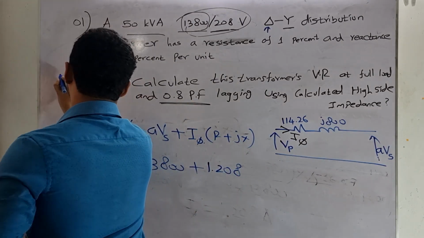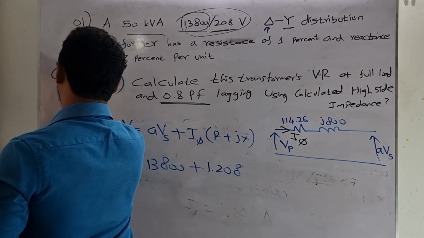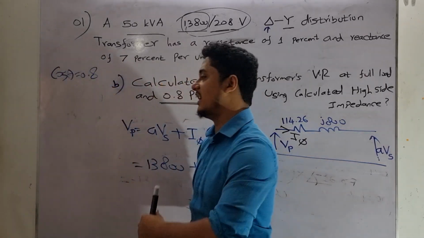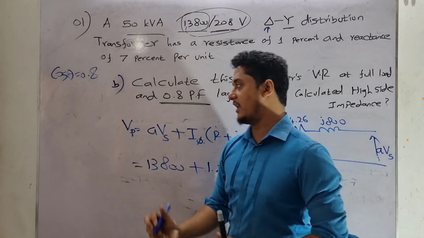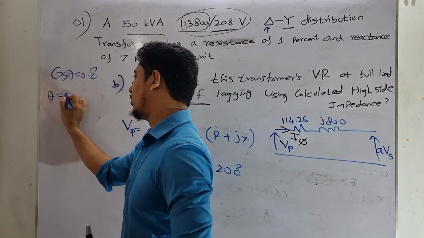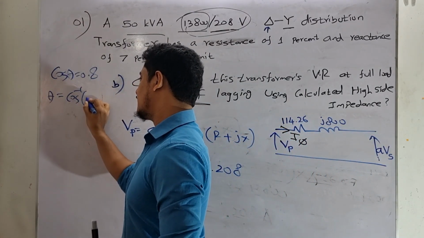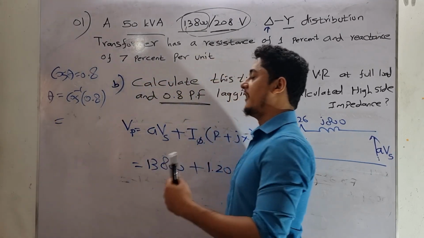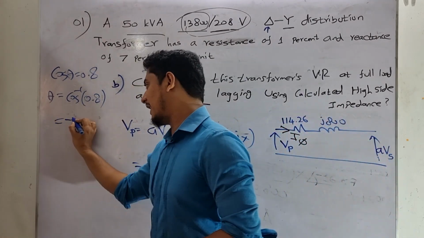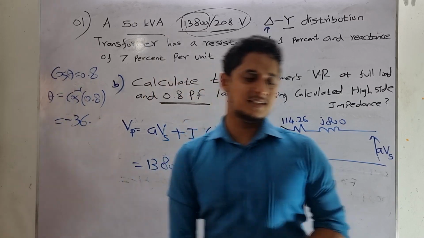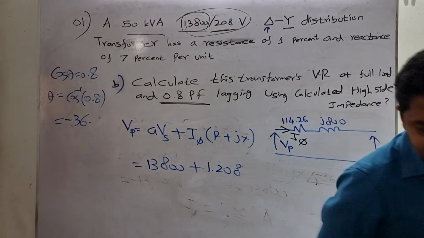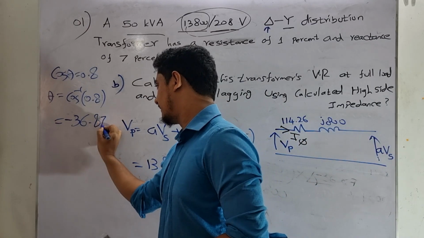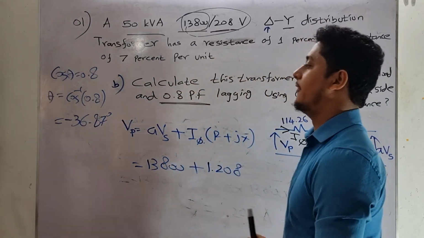We know cos theta is equal to 0.8. Therefore, theta is equal to cos inverse 0.8. Then we can calculate the lagging power factor angle, minus 36.87. Okay. So this is the power factor angle.